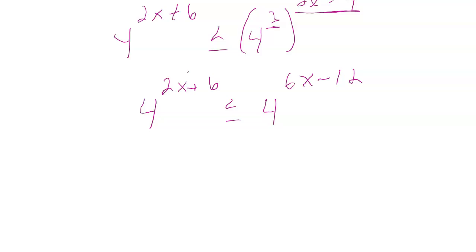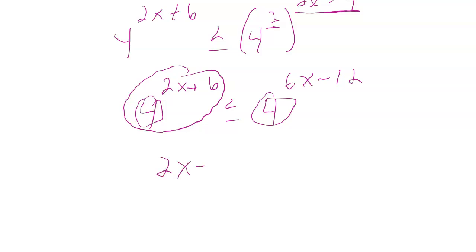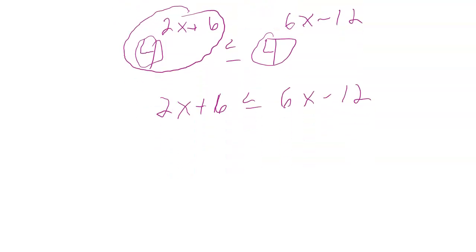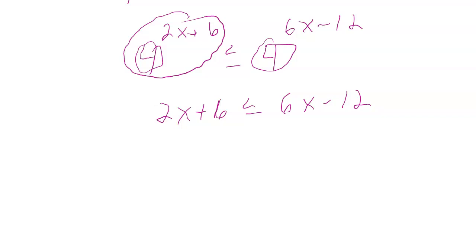Should make sense. If the bases are the same, and we're saying this expression is less than that expression, then we can set the exponents in the same inequality. So you can say 2x plus 6 is less than or equal to 6x minus 12. And then we'll solve this. I guess I'll move the x over here.